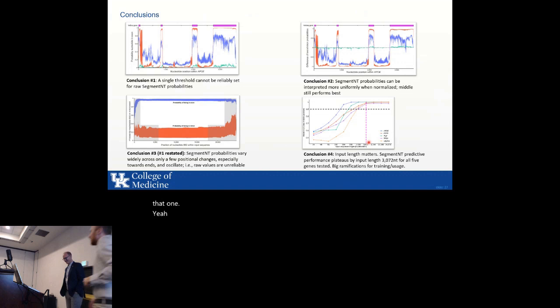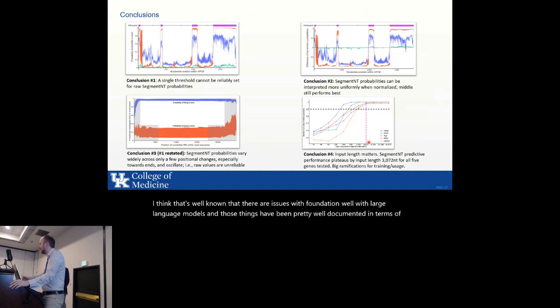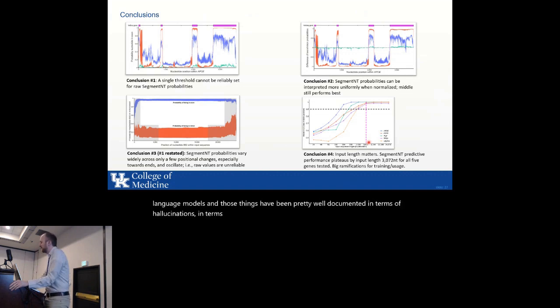Yeah, I think that's a really good question. It's well known that there are issues with large language models, and those things have been pretty well documented in terms of hallucinations, in terms of consistency and everything. And you're absolutely right that the field is moving away from probabilistic approaches. Yet, if we are going to apply this to the clinic, clinicians still want that probabilistic value.